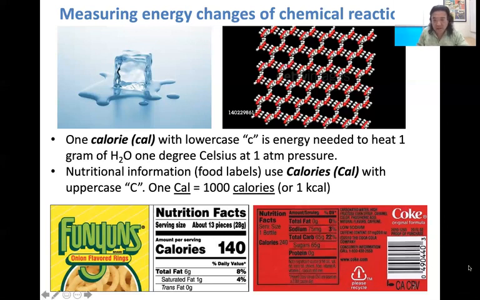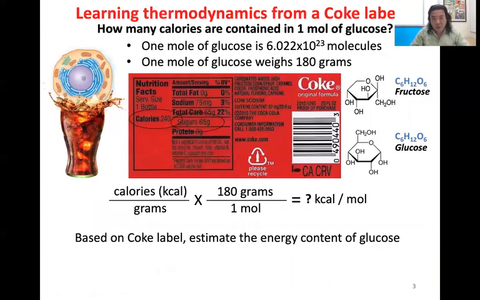Let's look at Coke. Here's a bottle of regular Coke. Coke has 240 calories in one can, with almost all of it coming from sugar. So let's have some fun with the Coke label here. Can you gain anything useful, knowledge-wise, about the energy contained in a glucose molecule just by looking at the Coke label?